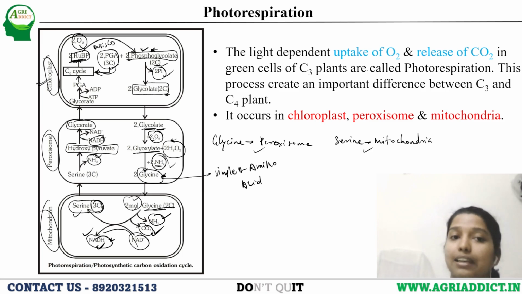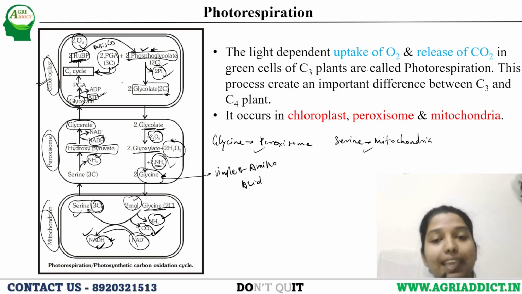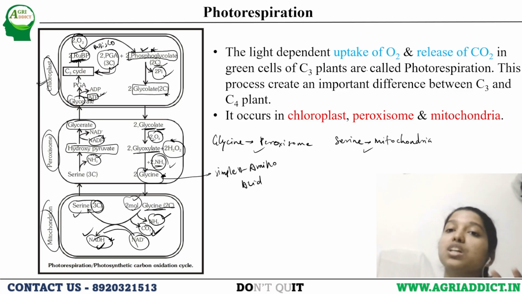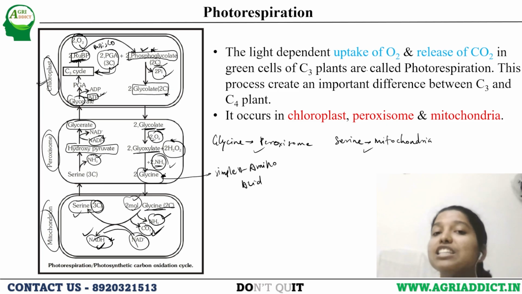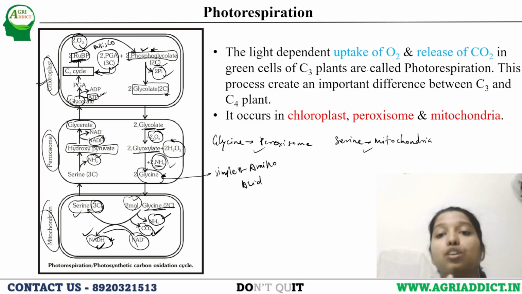This glycerate is getting transferred to chloroplast, and here ATP is required. So it is not producing any energy, and it is again using the energy produced in the light reaction. That's why we are calling it a wasteful process. It is using the energy already produced in the light reaction, and it is also not producing any new energy.